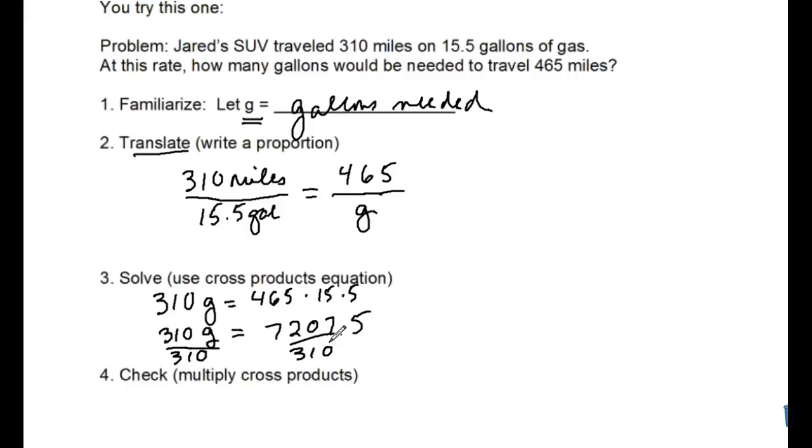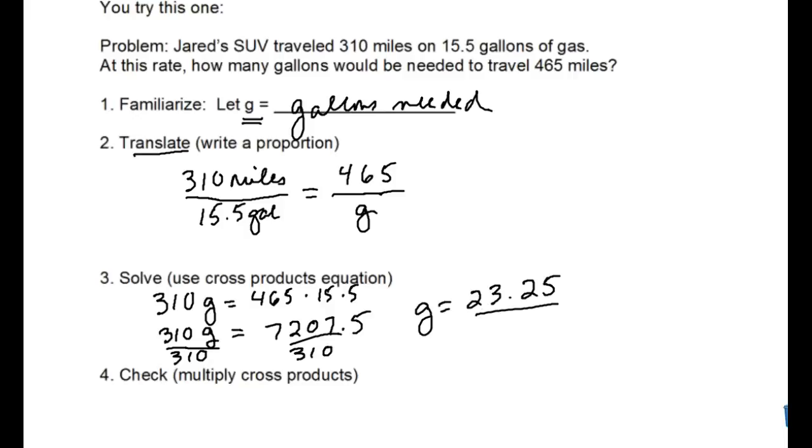So 7207.5, you'll divide that by 310. This is where you need your calculator. We're going to need 23 1/4, 23.25 gallons. You won't always get whole number answers. Sometimes you'll get a decimal answer.